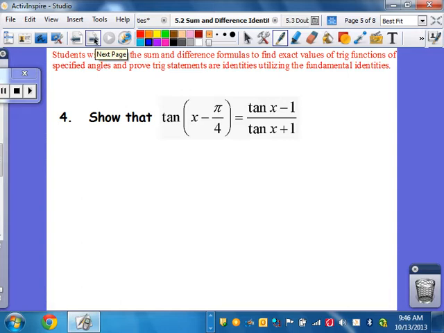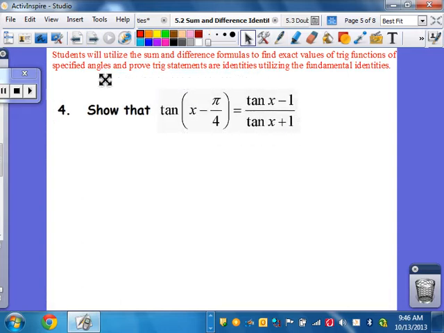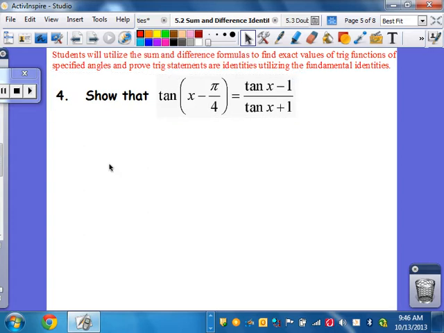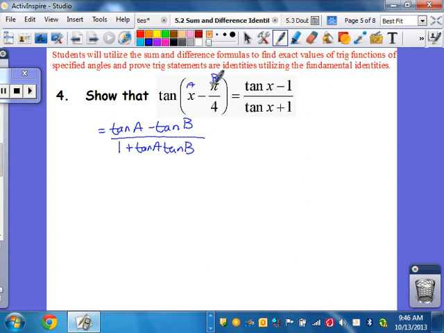Okay? Now I'm going to show this one. Now I'm going to the tangent formula. So you guys got to know what the tangent formula is. Okay, tangent, subtracting tangent. So if you go to the difference of tangent formula, that's going to be tangent A minus tangent of B over 1 plus tangent A, tangent B. So in this scenario, here's my A, here's my B again, and we got to show that this is true.